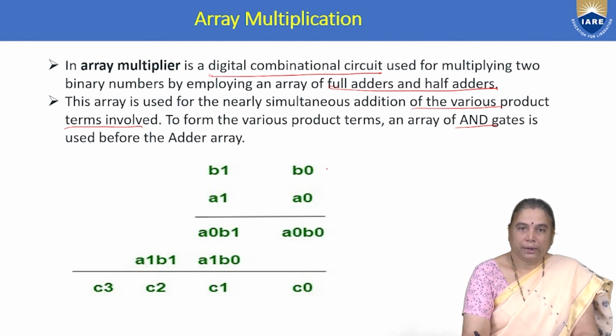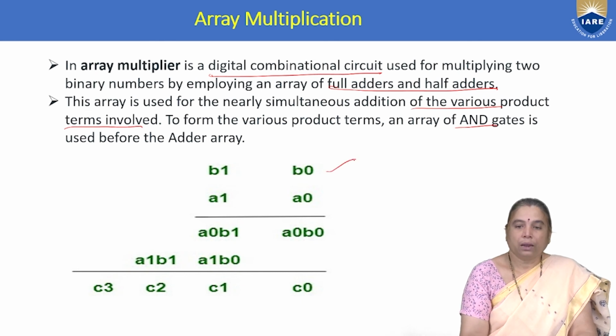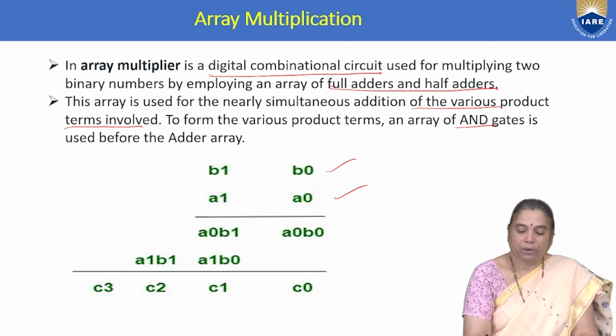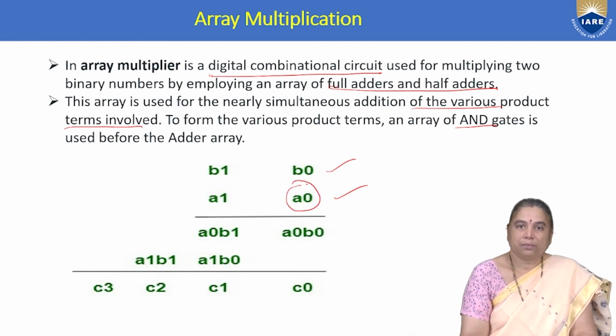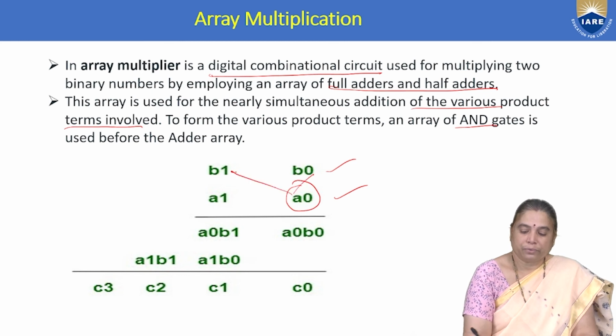Here the multiplicand is B, with 2 bits, B0 and B1, and the multiplier contains 2 bits, A0 and A1. So how can the product be performed? Consider the LSB of the multiplier and multiply it with these 2 bits. So here the first product term is A0 B0 and the second product term is A0 B1.